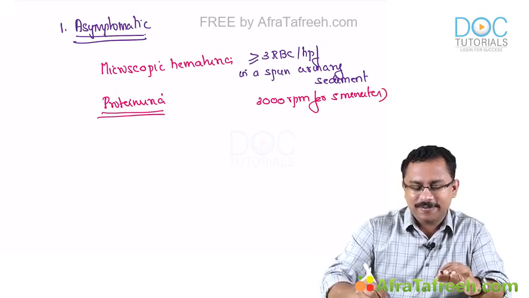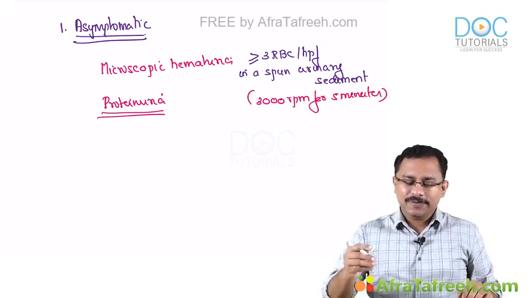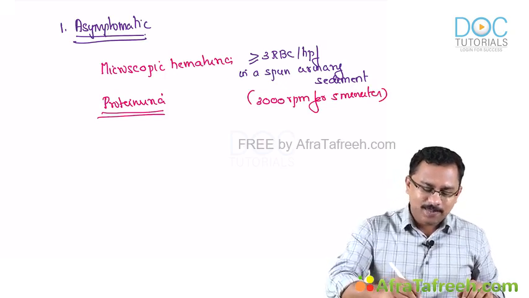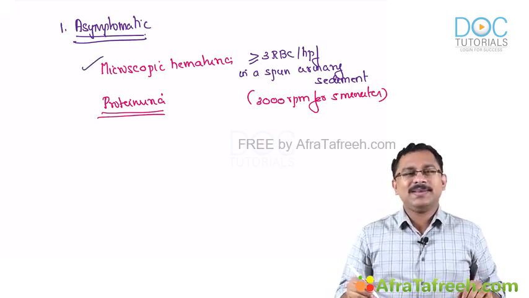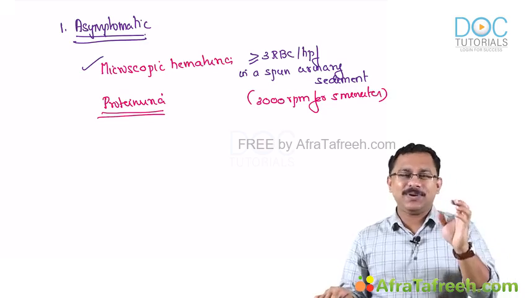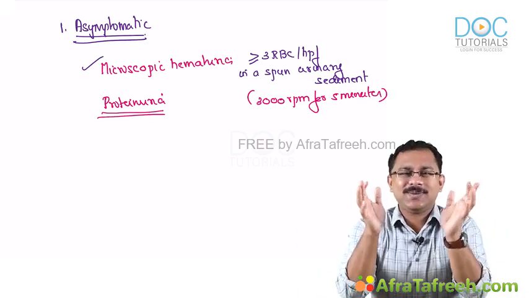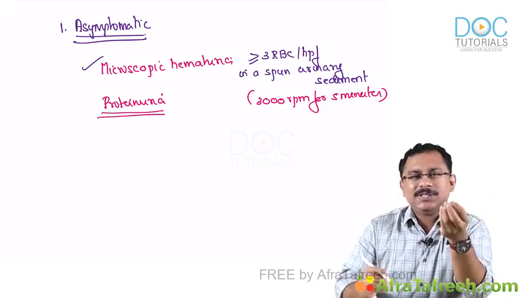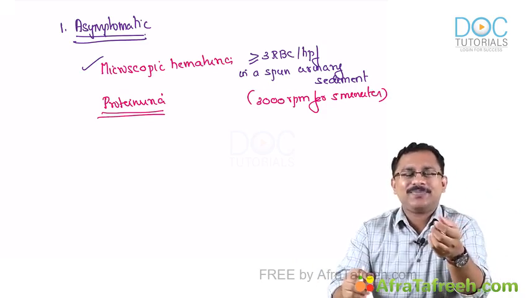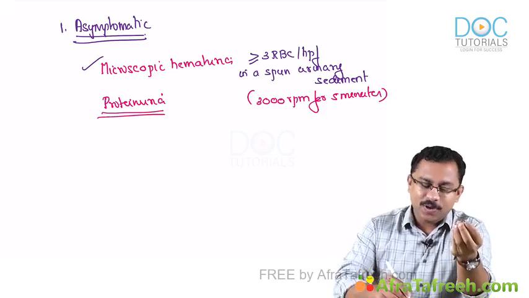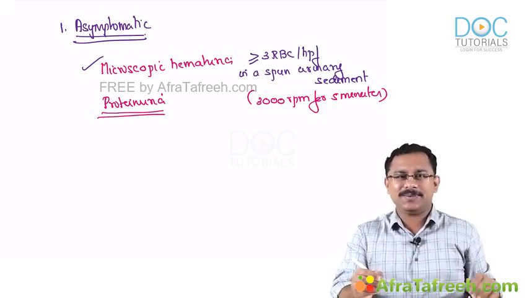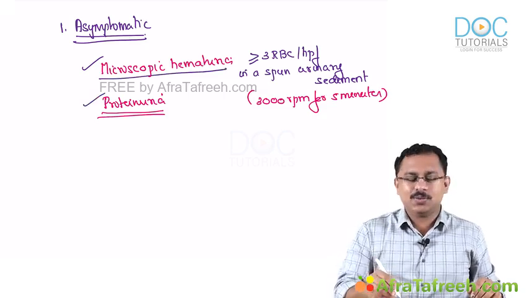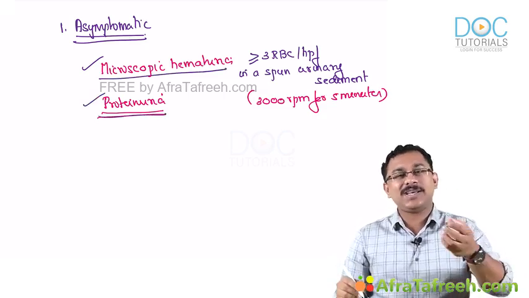If you find more than or equal to 3 RBCs per high power field, you say that there is a microscopic hematuria. So suppose you have a patient who is incidentally detected to have a hematuria or a proteinuria or a combination. In this group, the patient may have a microscopic hematuria or a proteinuria or sometimes both.